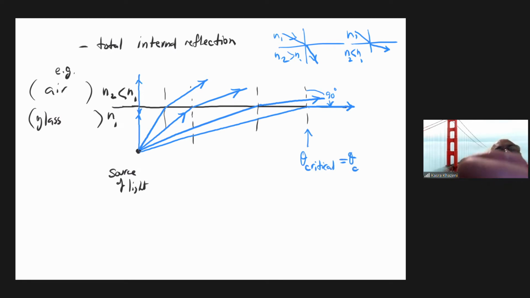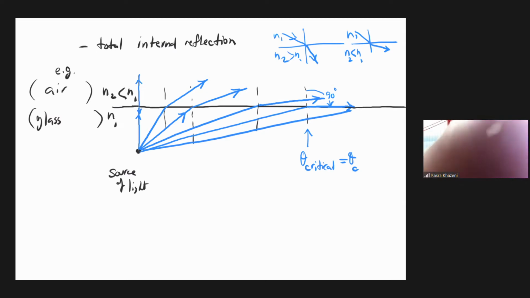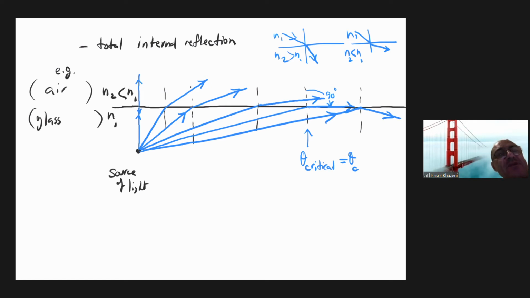Okay? Because if you go even beyond that, so if you go beyond this thing, guess what happens? The beam of light completely gets reflected internally.